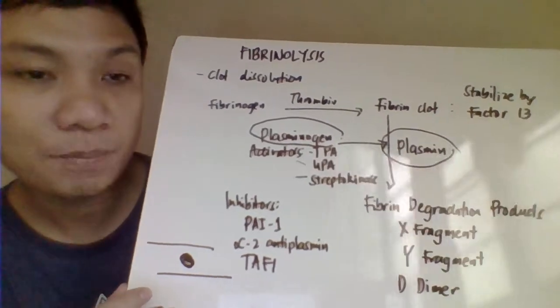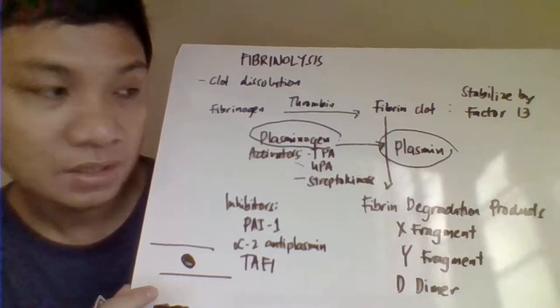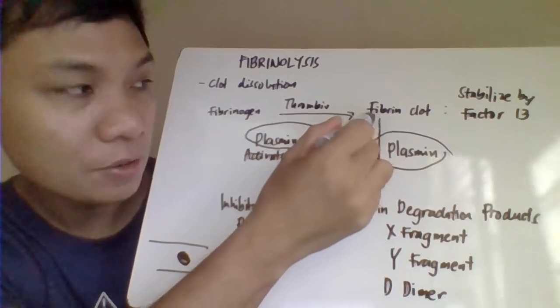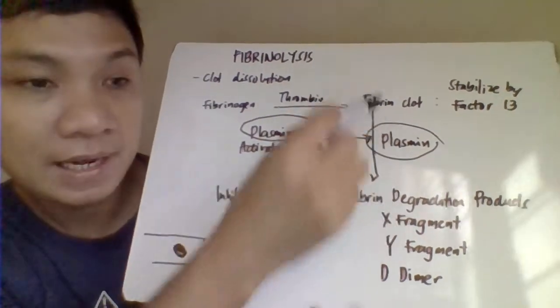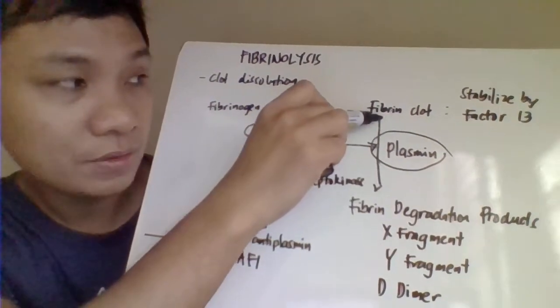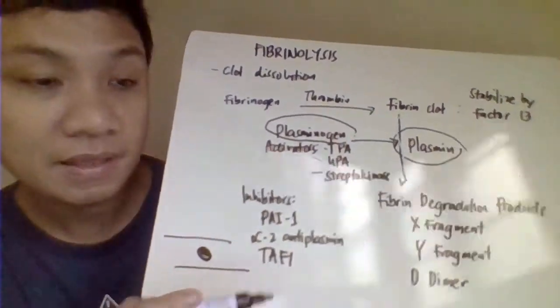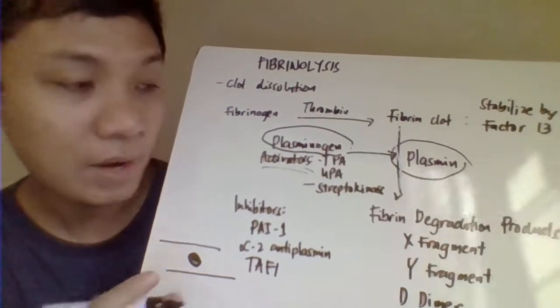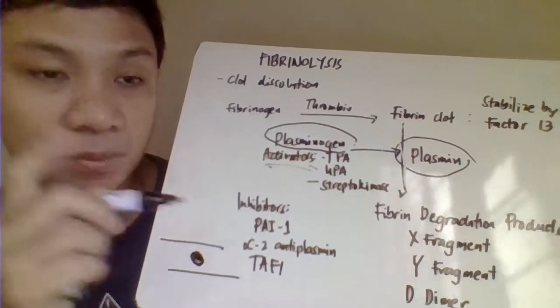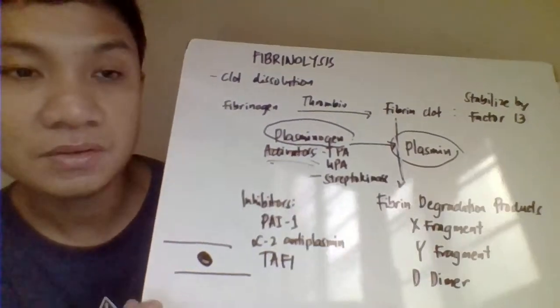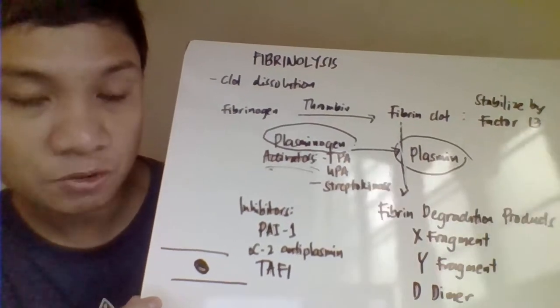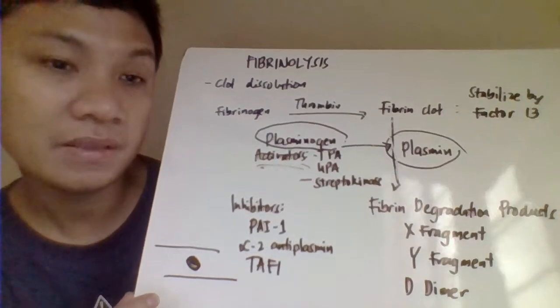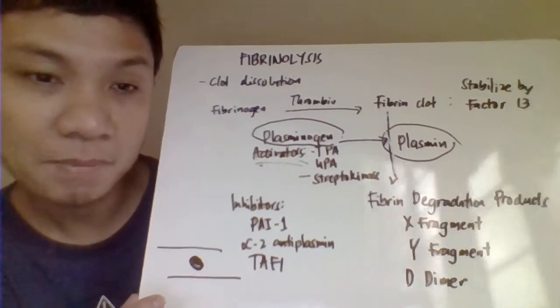On the other hand, kung too much dissolve ka ng clot, too much activation of this results in bleeding manifestation. Pag sobrang dami ng activators natin, that results in your bleeding manifestation. But in the absence of your activators, ano mangyari pag walang activators?